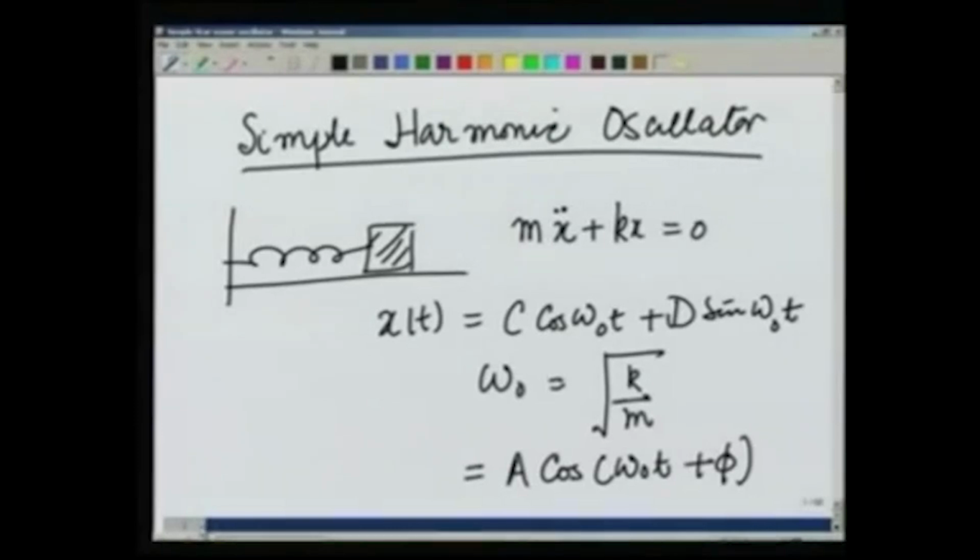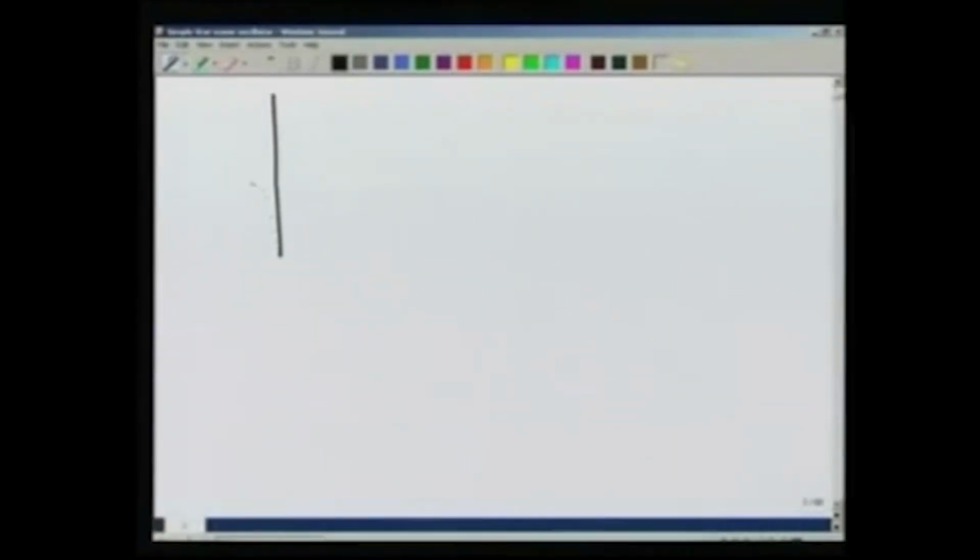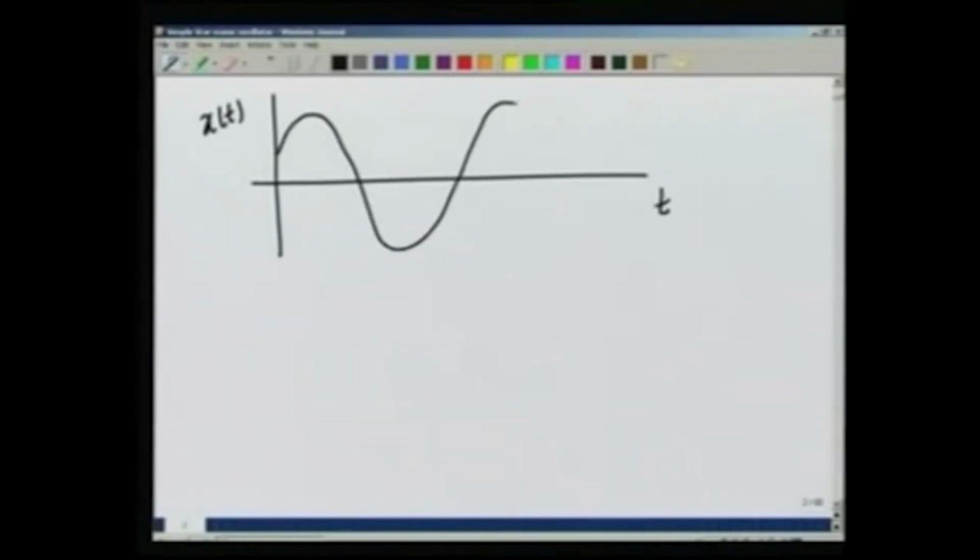We also looked at how, when I plot x(t) versus t, it looks like this. That means the motion is back and forth, x goes up to a maximum value, comes down.